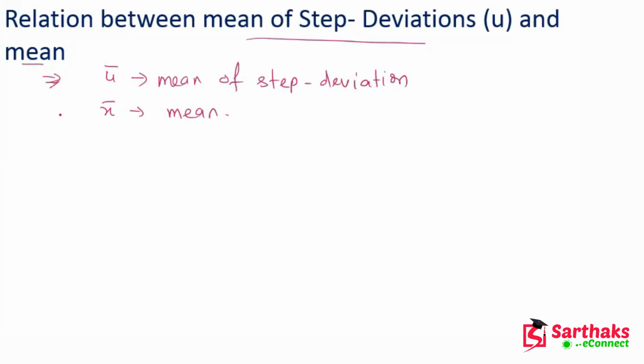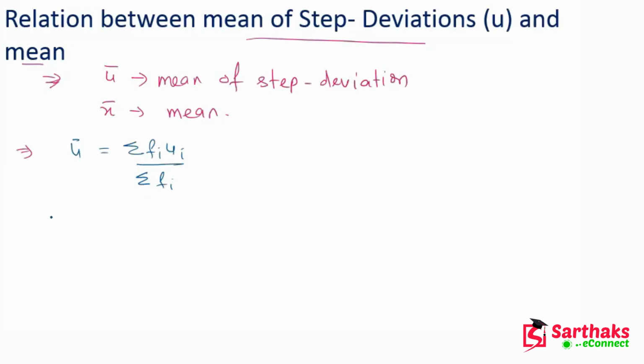So now my dear friends, we know that mean of step deviation is what? Summation of fi ui divided by summation of fi.